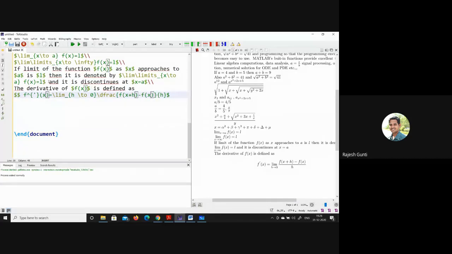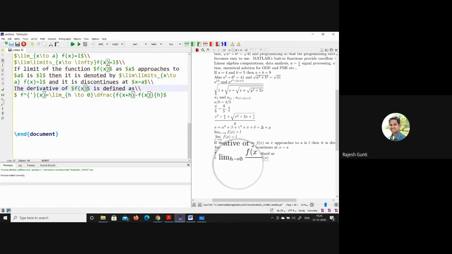If you write a single dollar, the entire thing will come on the same line as the defined as. You see this one. Defined as, like this, it came. And also limit h tends to 0 came down. It is inline. Am I correct on that? If you give double dollar here, it will come to the next line.